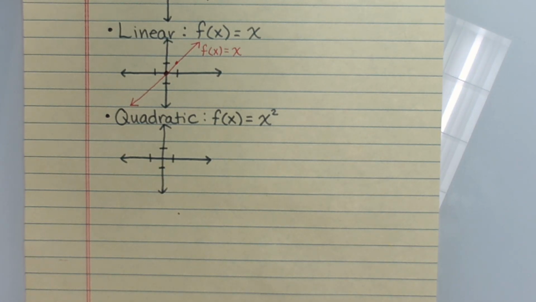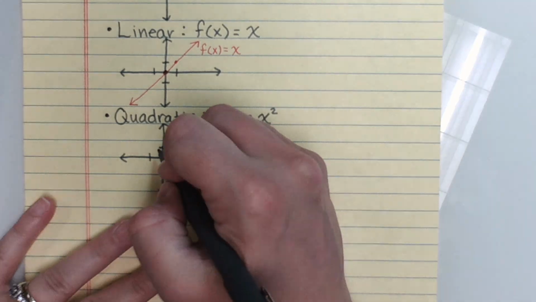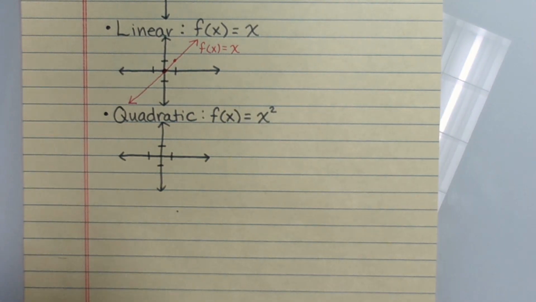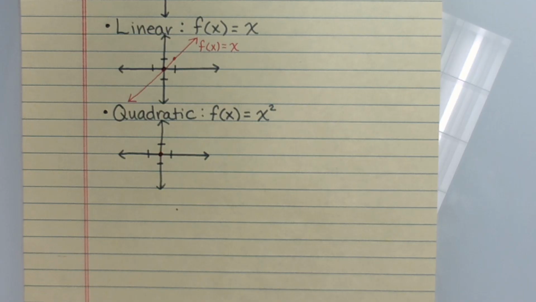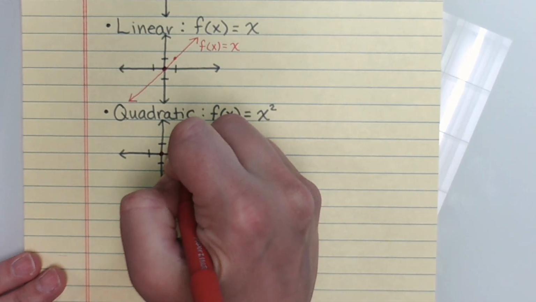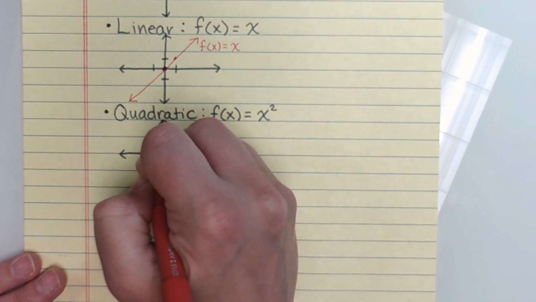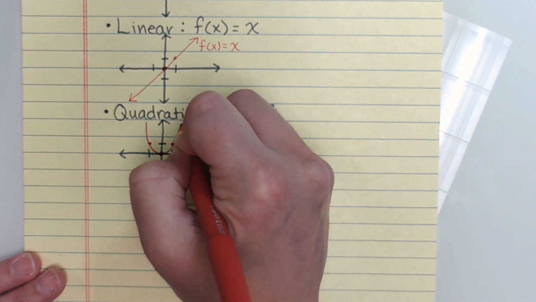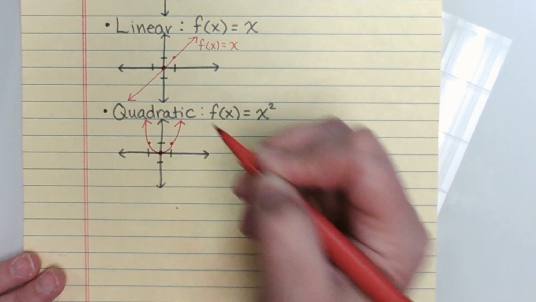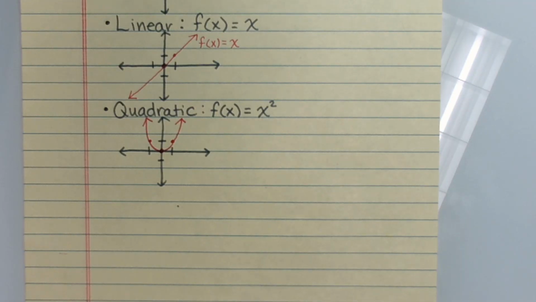What was the shape of the quadratic parent function? U-shaped. Now this U-shaped graph for a quadratic function will always hit 0, 0 for the parent. It will also hit the coordinate points 1, 1 and negative 1, 1. It is a perfectly symmetrical U that continues to increase upwards and outwards.